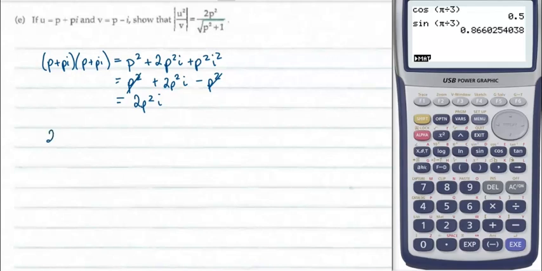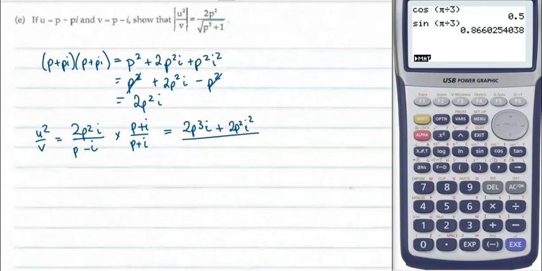Now if we do u squared over v, that will be 2p squared I over p minus I. We rationalize the denominator like so. So we end up with 2p cubed I plus 2p squared I squared over p squared minus I squared.